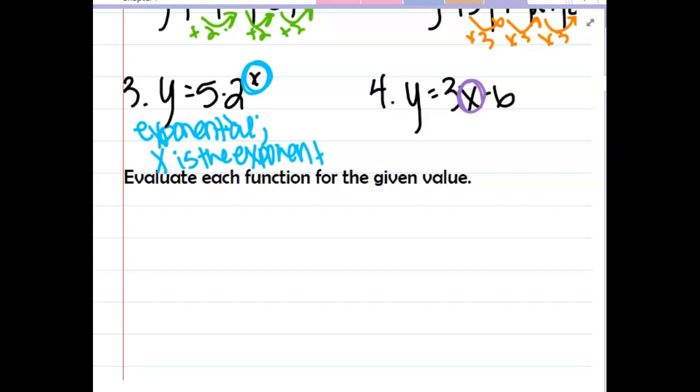If you have a slope and a y-intercept and the x is just 3x, right? This is going to be linear. If I were to graph this using the slope and y-intercept, it would be a straight line. The slope of 3 and a y-intercept of negative 6. So we could say it's linear because it is in the form y equals mx plus b.